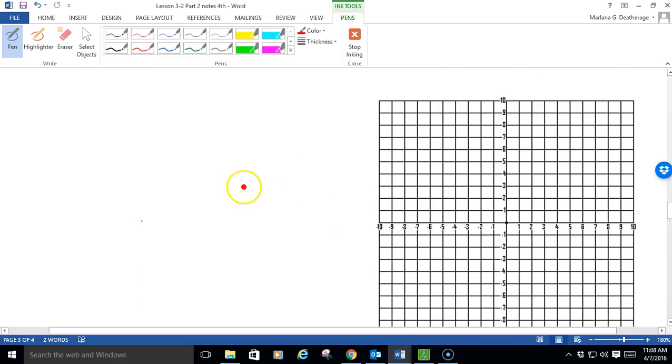Okay, on this one, let's go ahead and do our log function first. Let's go ahead and graph it. You don't have to redo a table because it's going to be a transformation of the common log. So 1, 0, 5, 0.7, right? And 10, 1.